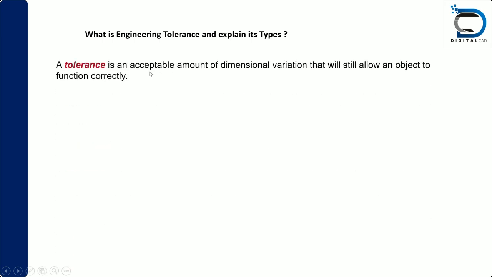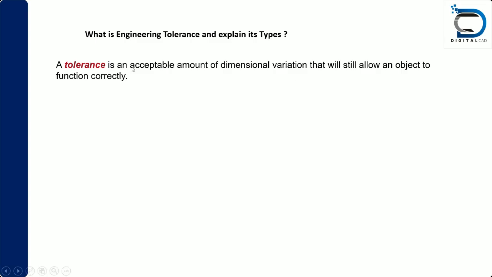So first we need to understand the tolerance. What is the tolerance? The tolerance is an acceptable amount of dimensional variation that will still allow an object to function correctly. It means one of the objects has some x dimension, and if we add variation, that dimension can vary within that limit.